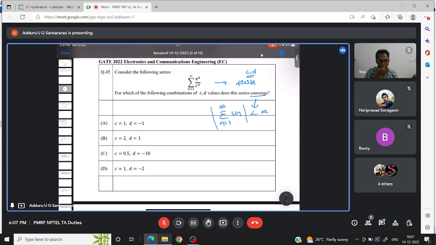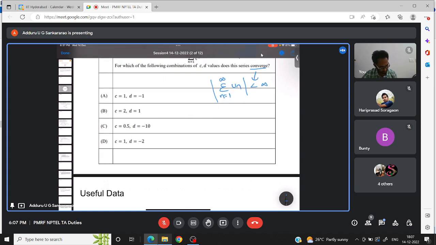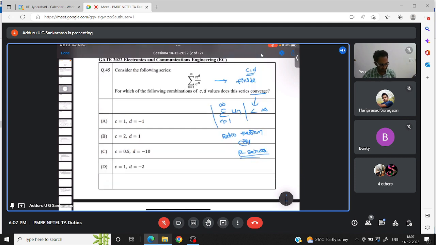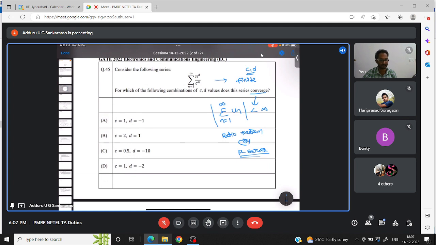Now for this we can use the ratio theorem, or we can use the P series. But mostly by common sense, we can say whether it is converging or not.